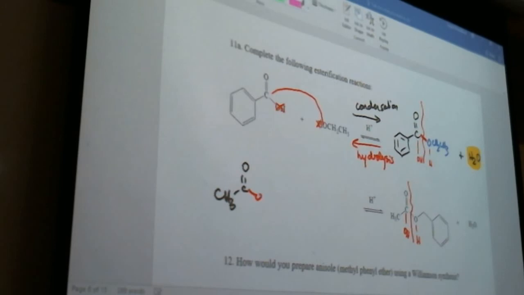Right, this with an OH, this carboxylic acid, and this alcohol. Right, when this carboxylic acid condenses with this alcohol, I get this ester. Or conversely, when this ester hydrolyzes, I get this carboxylic acid and this alcohol.